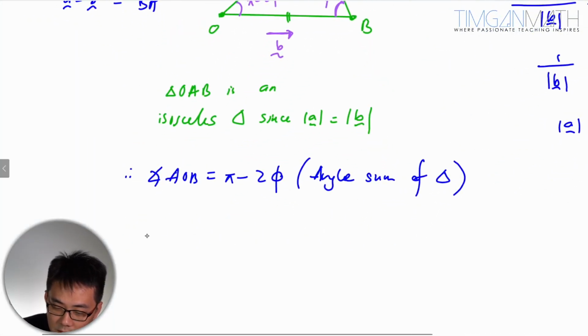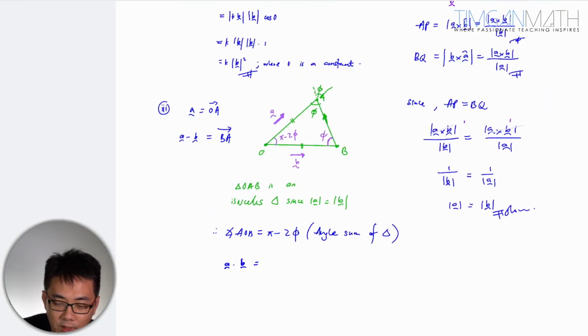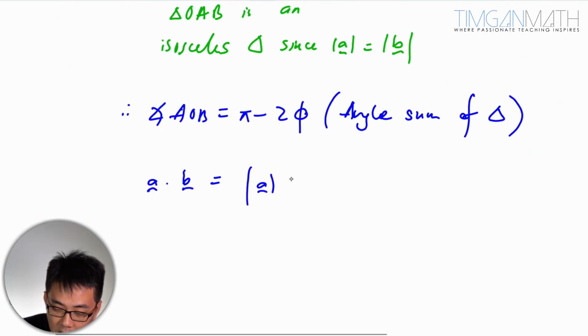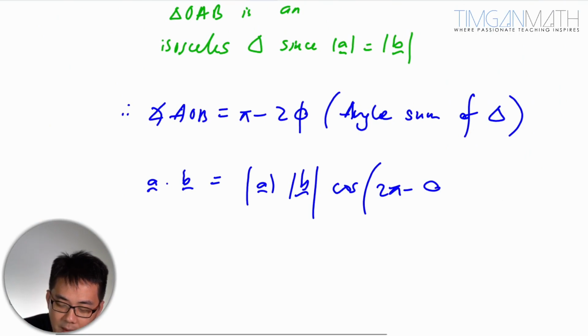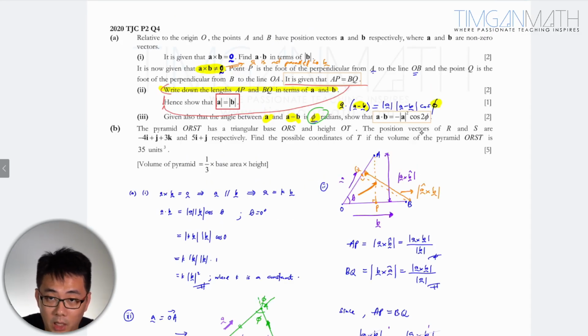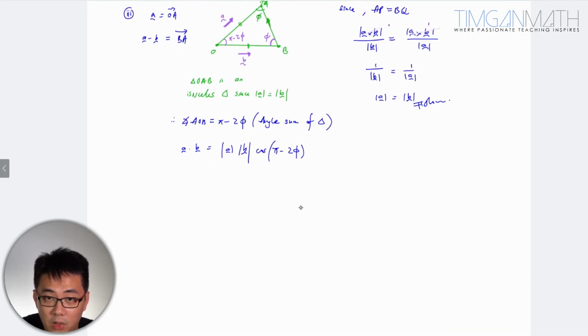So this case here, when you use A dot B, you need to use the angle between A and B. So the angle between A and B is pi minus 2 phi. So this is mod A, mod B, cosine of pi minus 2 phi. We are very happy we got our cosine 2 phi.